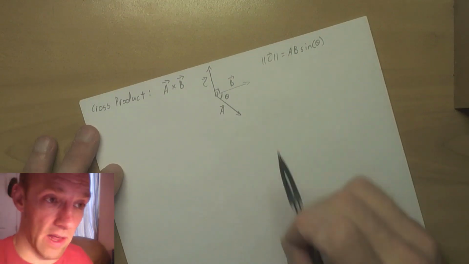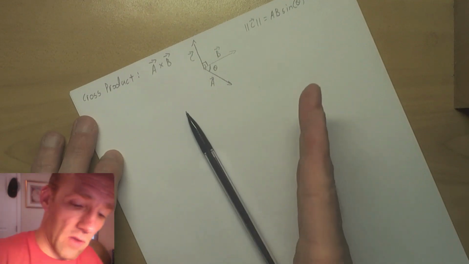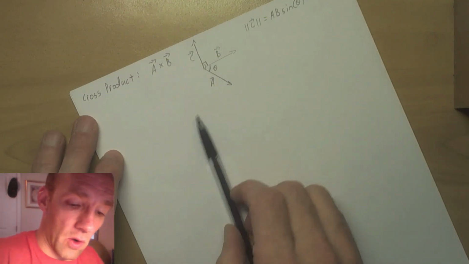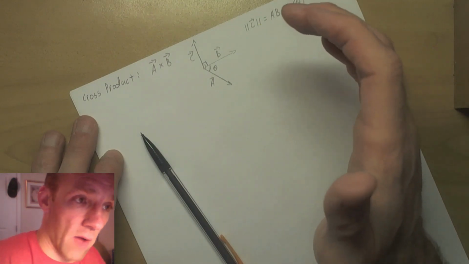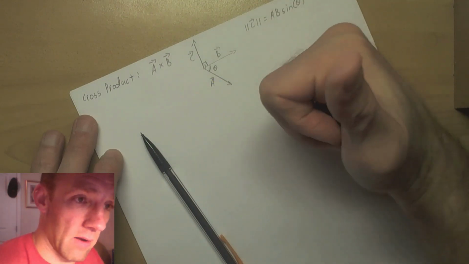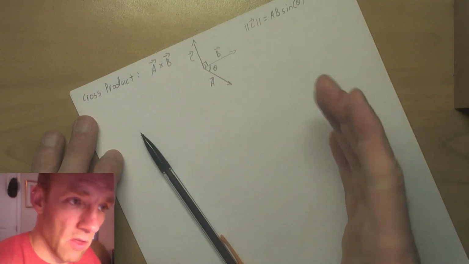Its direction is determined by the right-hand rule. So if you take your right hand and go A cross B, so I go through A, around through B, C will be pointing in the direction of my thumb. It's the right-hand rule.